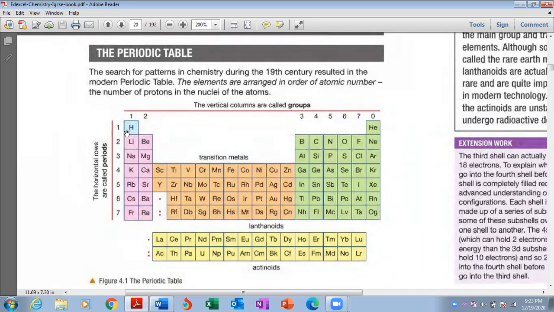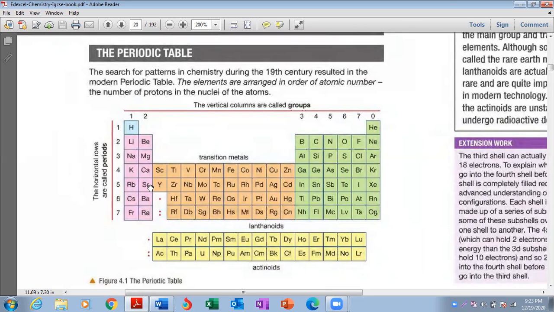So you can see there is a pattern which is increasing from left hand side to right hand side. The same thing from top to bottom: hydrogen 1, lithium 3, sodium 11. So from top to bottom, the periodic table keeps the elements whose atomic number, or protonic number, is also increasing.